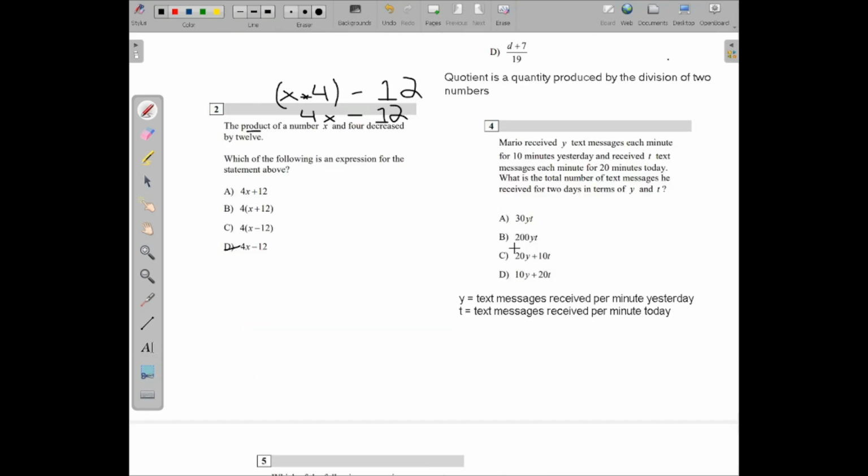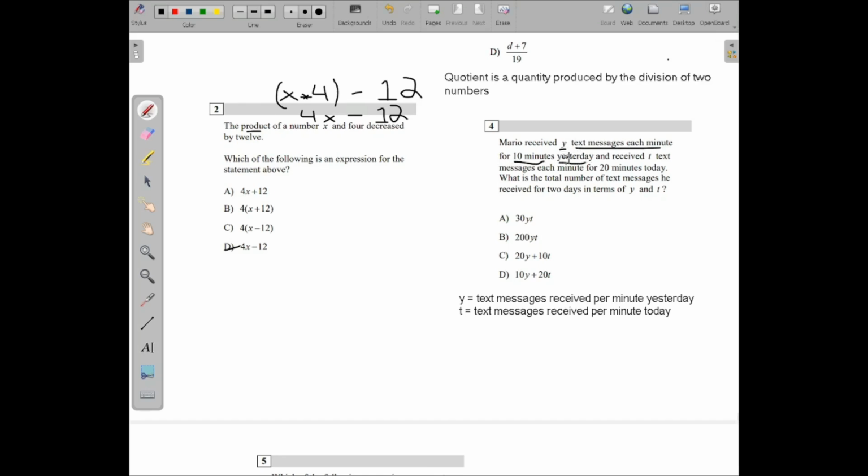The fourth one. This is one of the kind of hard, but let's understand. It says that Mario has received a Y amount of text messages each minute for 10 minutes yesterday.